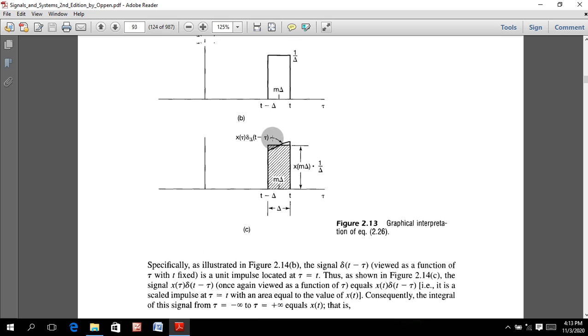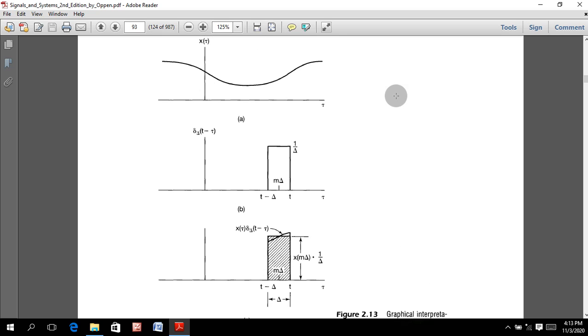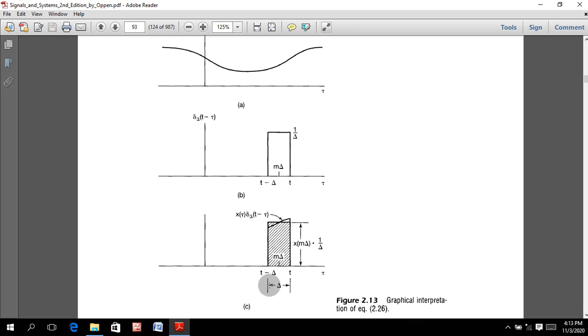Now if we take a closer look at the graphical representation here, it also proves the same thing. Suppose this is the input signal, a continuous time signal. Now we have taken del t minus tau, the impulse signal, in this format. When we multiply this signal with this signal, we are provided with this amount of value, and this shaded region, as already mentioned before, is for the value of del which tends to 0.